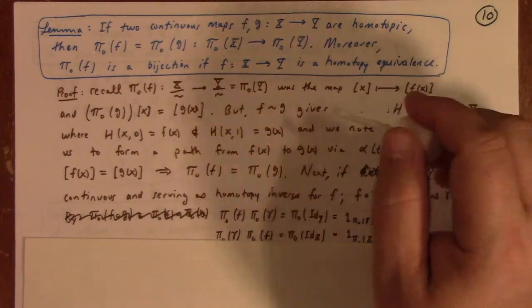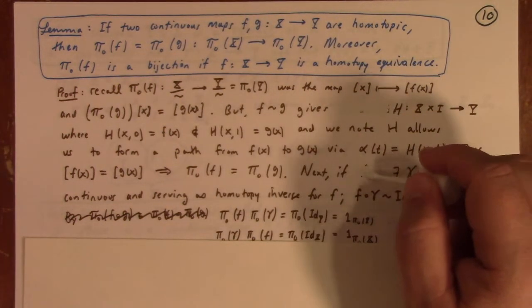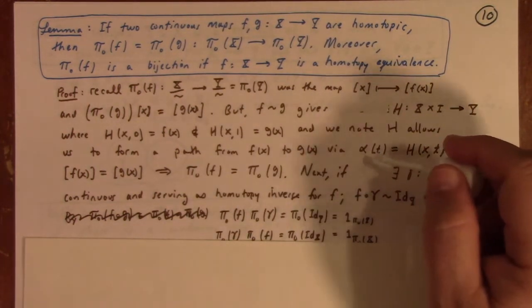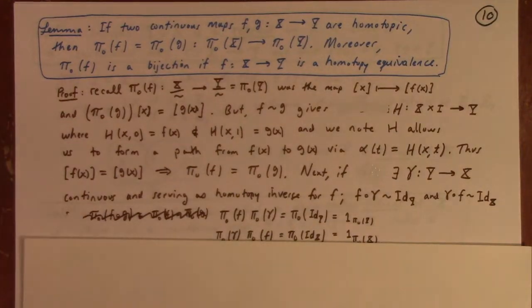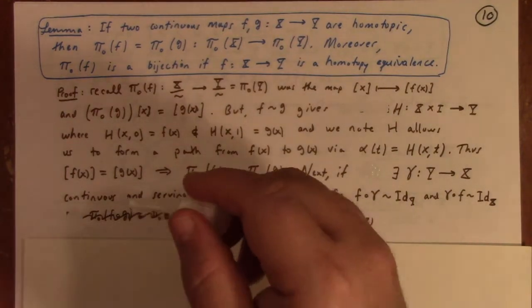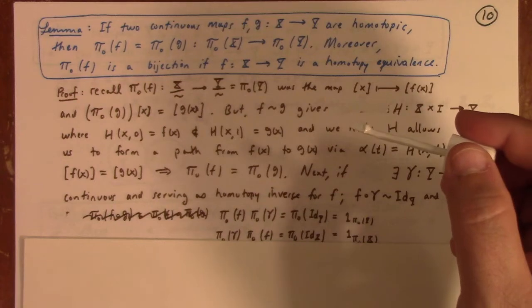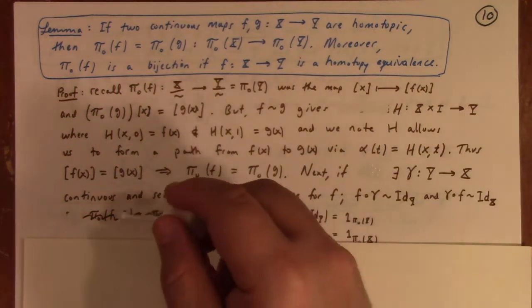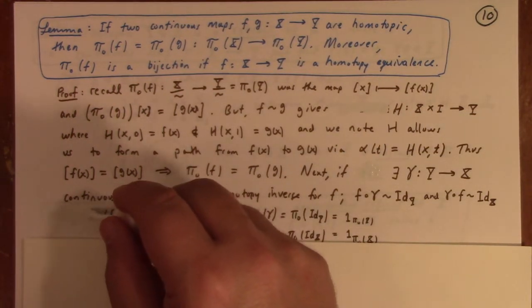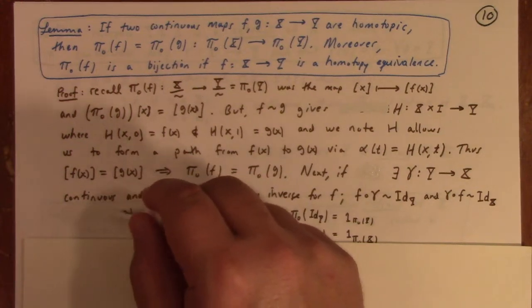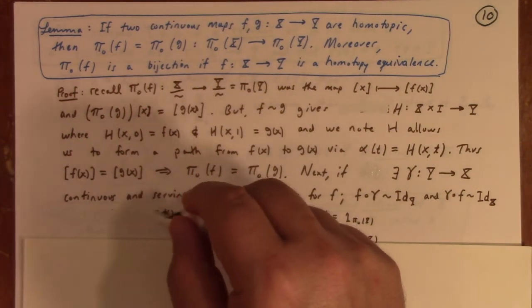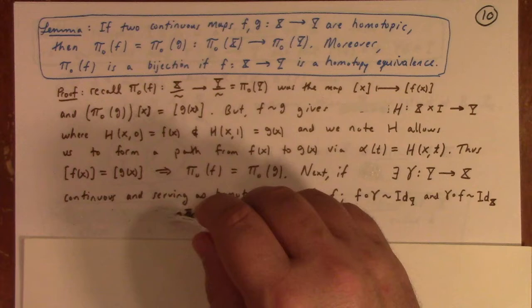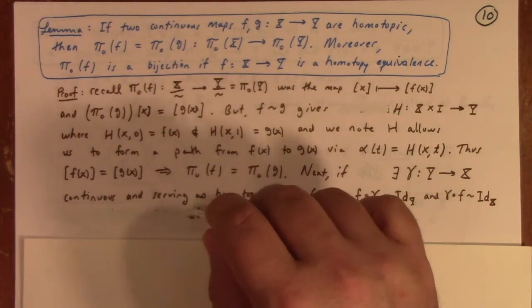And what else? pi 0 of f is a bijection if f is in fact a homotopy equivalence. So there's a connection between the pi 0 that we were talking about before and now this notion of homotopy equivalence. All right.